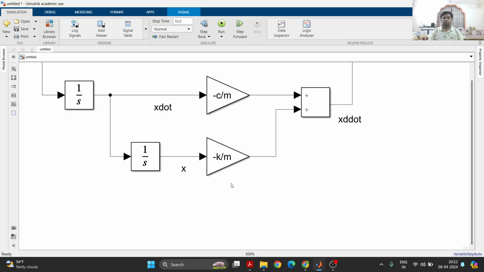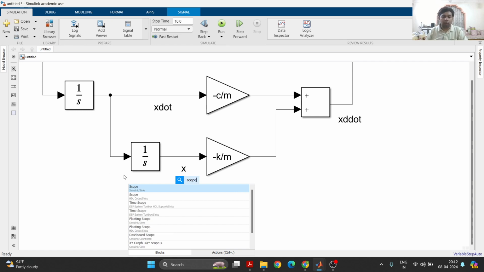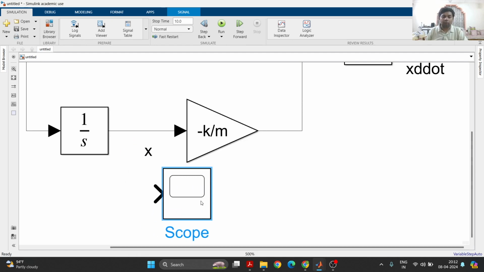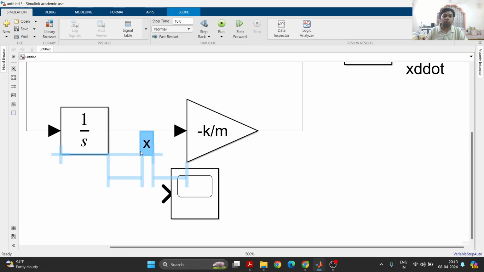We are mainly interested in the displacement. So we can create a scope to plot the displacement.